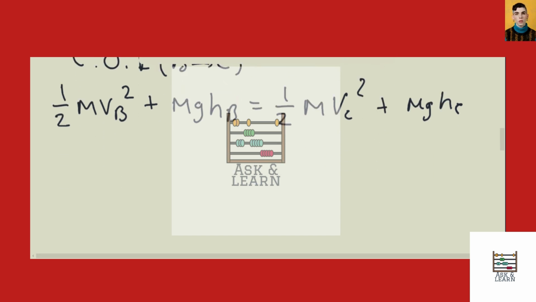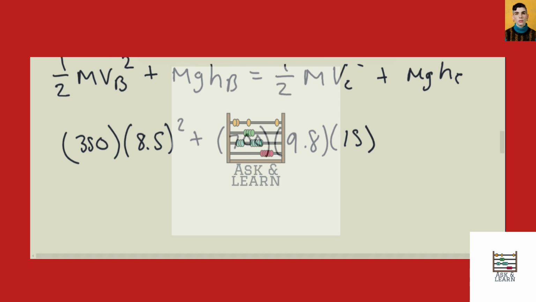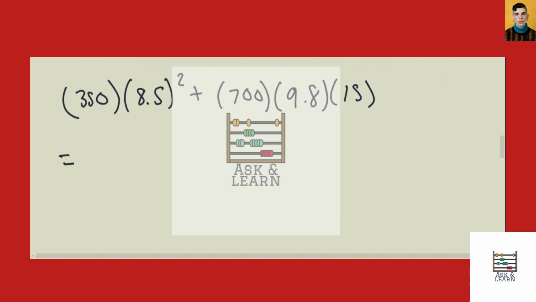We have half of the mass, 350, times vB, which we know, 8.5 squared, plus the mass, 700, times 9.8, times the height, 15, equals the stuff on the right.